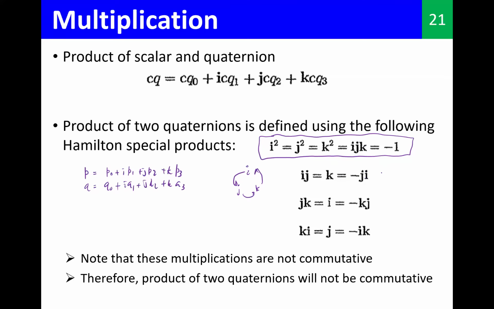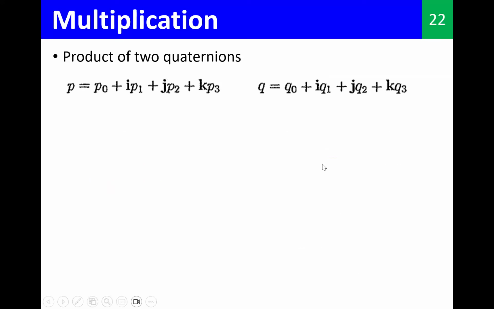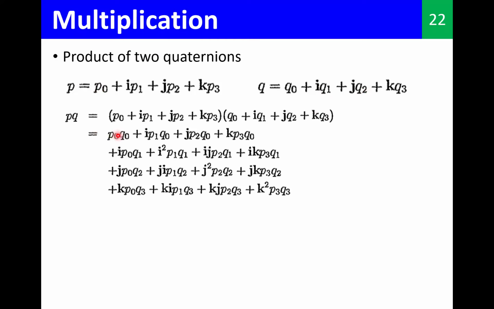We will make use of these elements and try to figure out how we can do the product of two quaternions. Let me show what happens. You take P naught and multiply it by Q naught, and P naught times iQ1, P naught times jQ2. Likewise, we have all these elements over here.